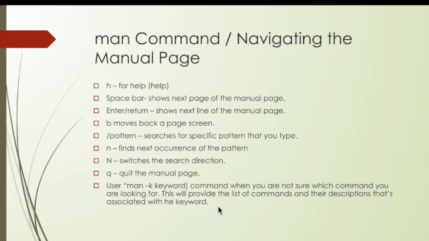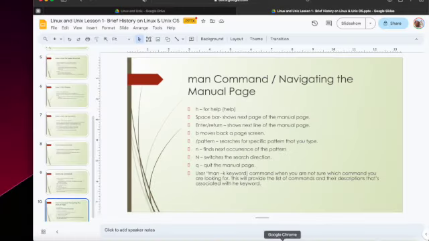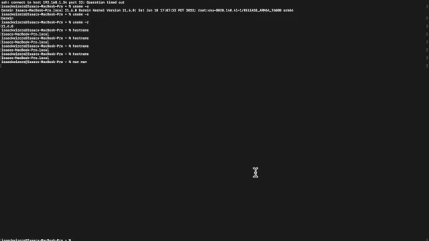So now that we finished going over the slides, let's go over these commands to show you a little bit of how they work. All right, let's go ahead and type in a simple command.